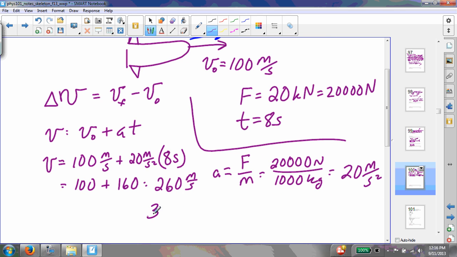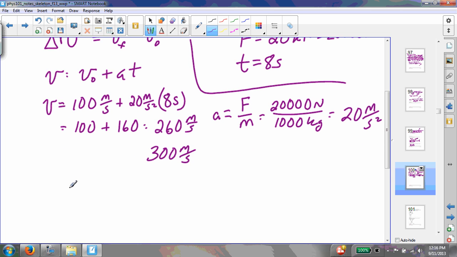Keeping proper sig figs, we'd record it as 300 meters per second. The problem is actually asking for the change in velocity. So my delta v, the change in velocity, is 300 minus 100 meters per second, which is equal to 200 meters per second.